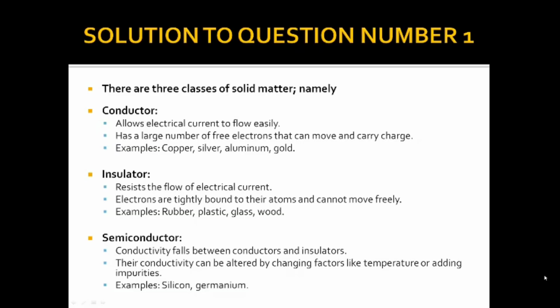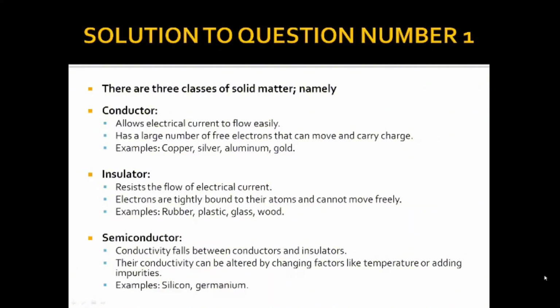Now, solution to question number 1. I said there are 3 classes of solid matters. Number 1 is conductor. Number 2 is insulator. Number 3 is semiconductor. Now, what are conductors? Conductors are those materials that allow the passage of electricity.